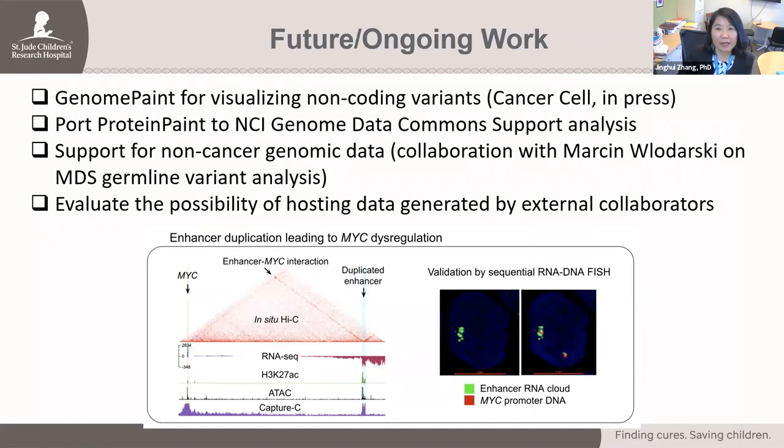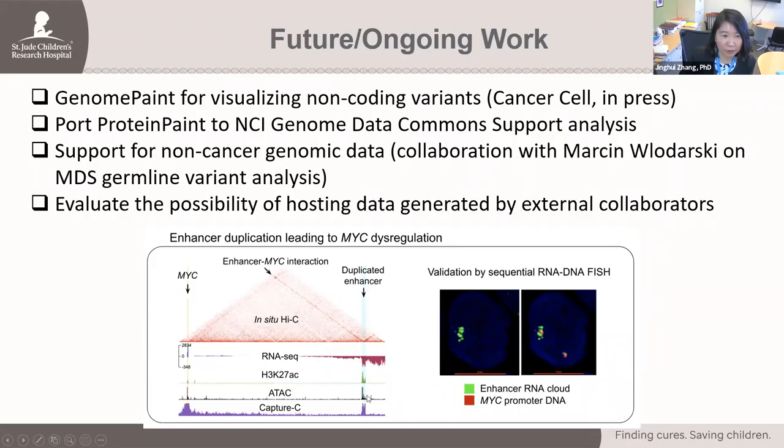For the future and ongoing work, we have recently developed a new tool called Genome Paint for visualizing non-coding variants, so that epigenetic profiling data, including Hi-C, ATAC-seq, and Capture-seq, can be utilized to identify driver variants.